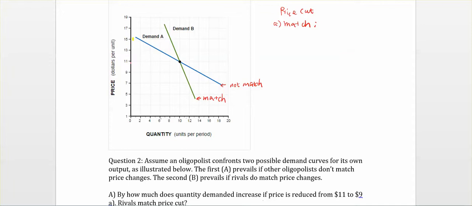The initial price is $11, so P0 equals $11. The initial demand corresponding to $11 is 10 units.